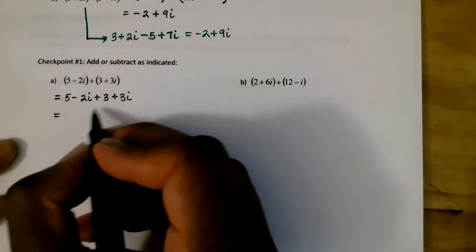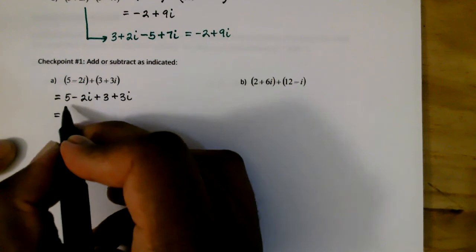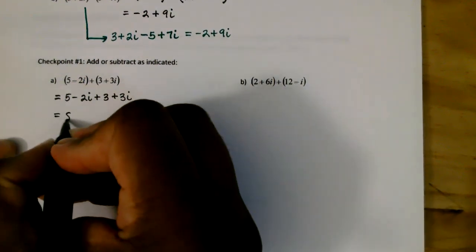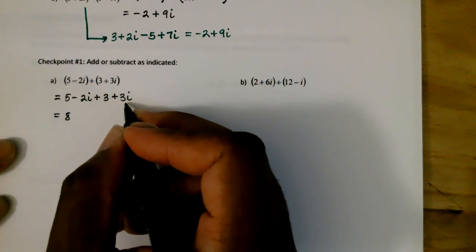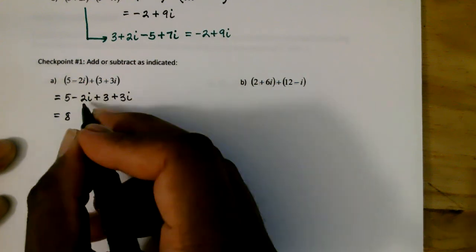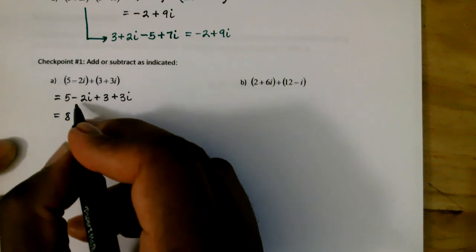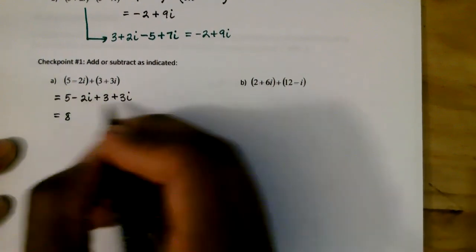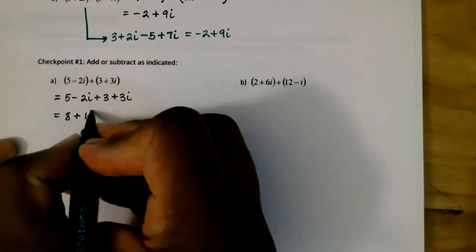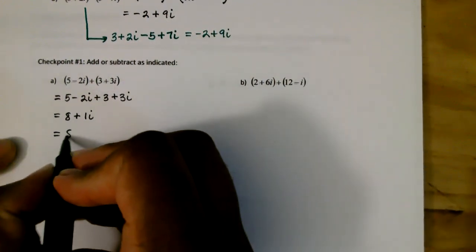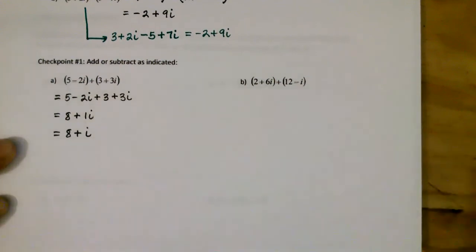And then combine your like terms. 5 plus 3, that's 8. And then negative 2i plus 3i. Negative 2 plus 3, that's going to be 1i. Or just simply put 8 plus i.